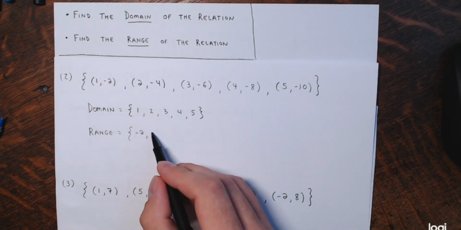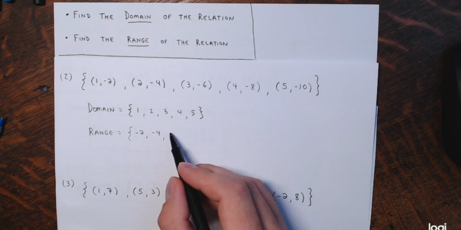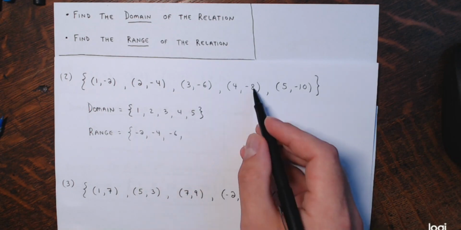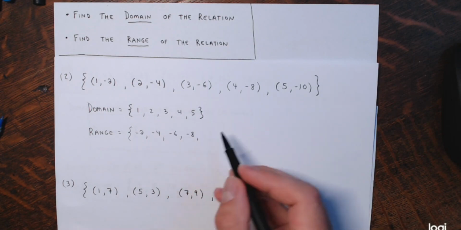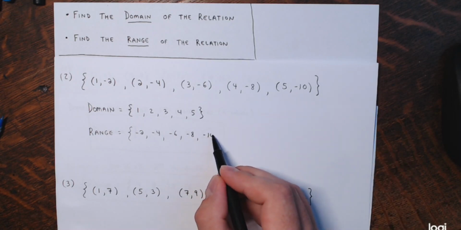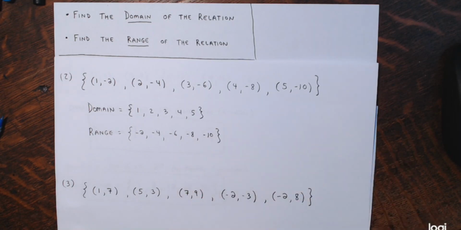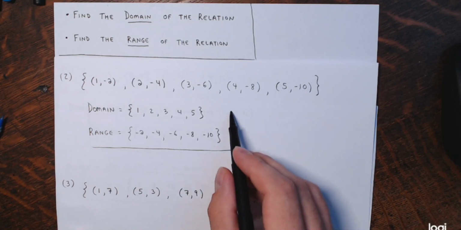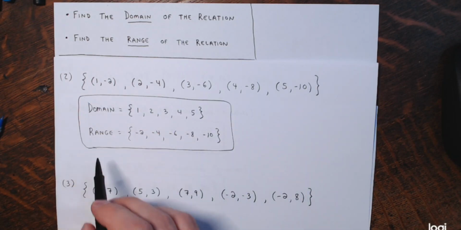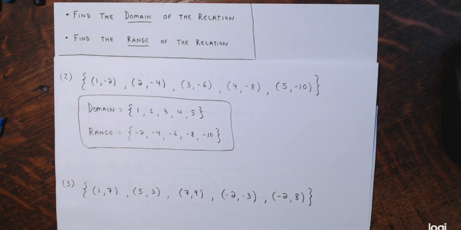Then -4, then -6, -8, -10, and that's it. Close the braces. There are the domain and the range of this relation, this set of ordered pairs.